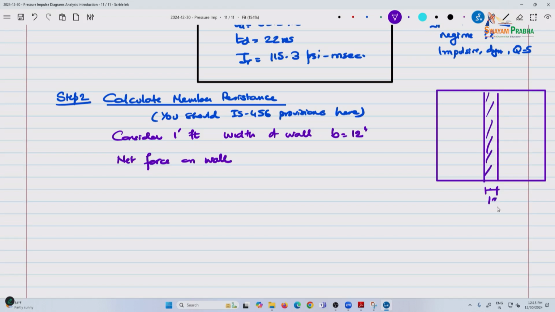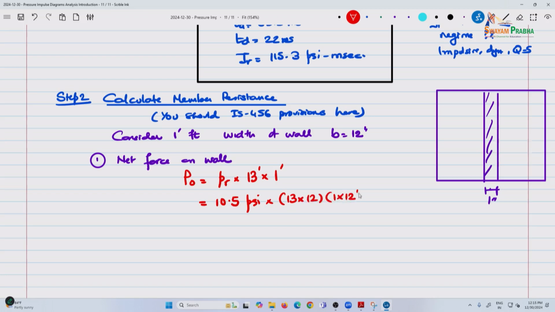That's fine, but design-wise we assume the pressures to be uniform. So the net force on the wall P naught is PR multiplied by 13 feet multiplied by 1. So this is 10.5 psi multiplied by 13 times 12, divided by 1000, which comes to 19.656 kips.